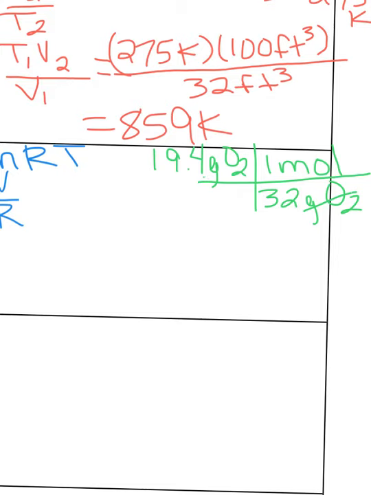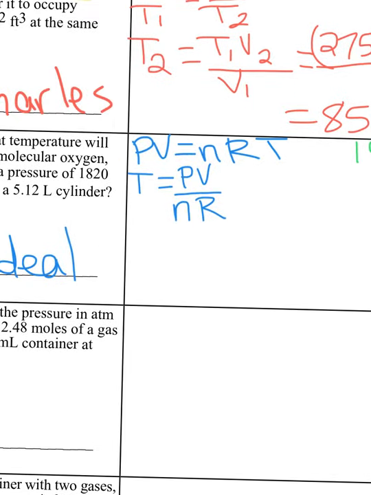Okay, grams of O2 cancel. So 19.4 divided by 32 is going to be 0.606 moles. Let me double check that really quickly on my calculator. 19.4 divided by 32, 0.606. So that's our n. So now we just go to plugging numbers in.